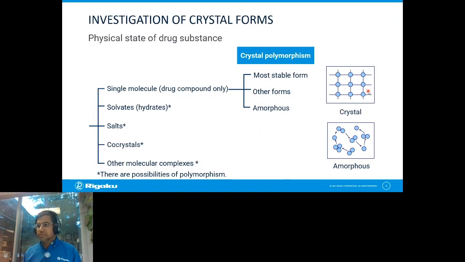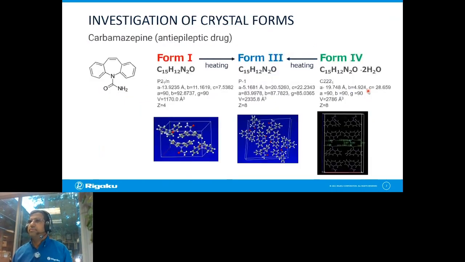So let's begin with one of the most important things, polymorphism. Here is carbamazepine, an anti-epileptic drug. Form 3 is the desired form, the API. However, it can exist in a form called form 1 or form 4. So we all know polymorphism is the ability of the molecule to exist in different states, basically in unit cell and crystal structure.